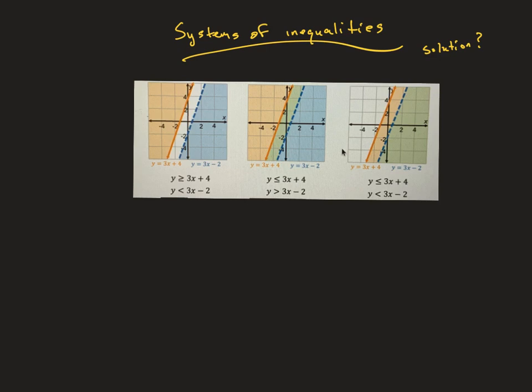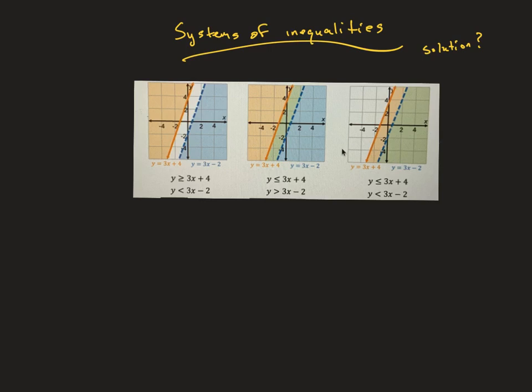So if I start here where I have y is greater than or equal to 3x plus 4, I'm going to graph that right here. They've already graphed it for me, but I'm going to start at 4 right here, and then I'm just going to graph my slope, which would be down 3 over 1. And since we have greater than or equal to, that's why we have a solid line.